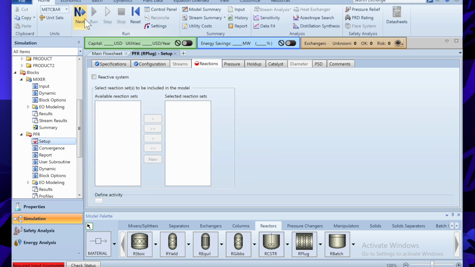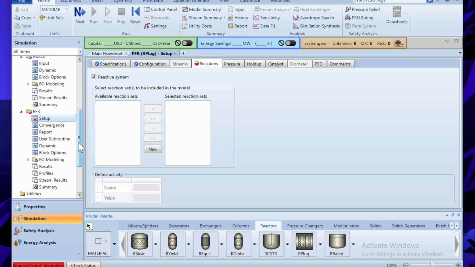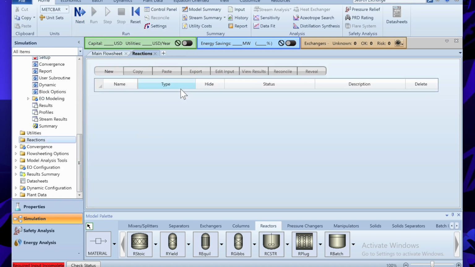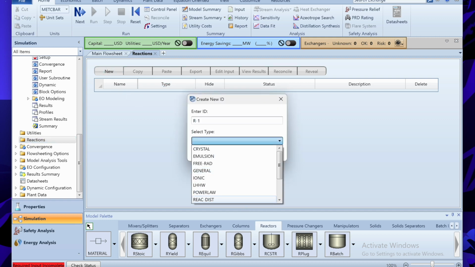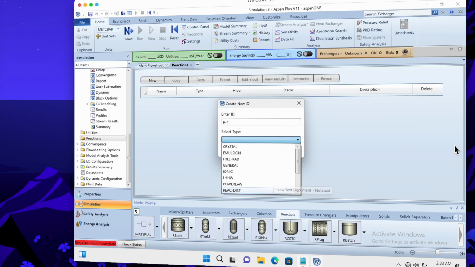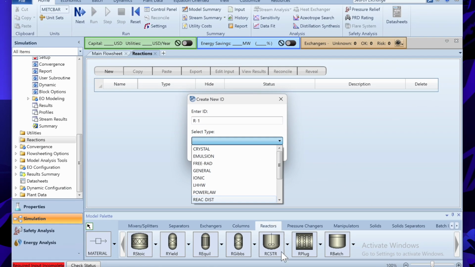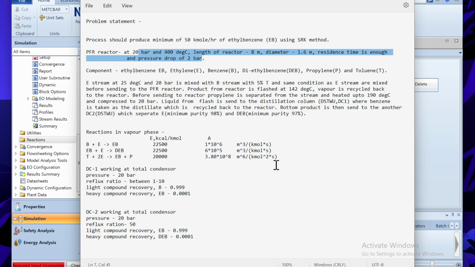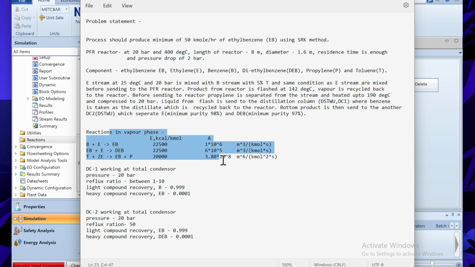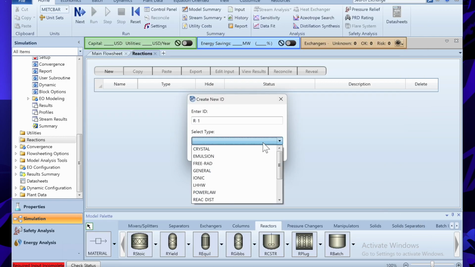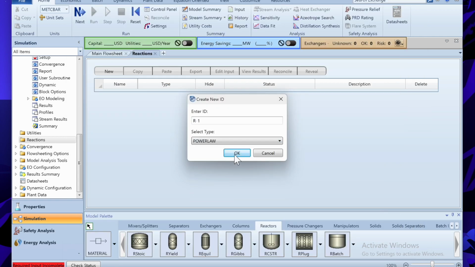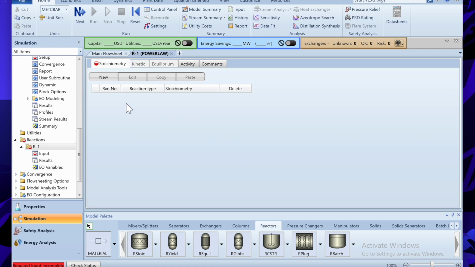So next, there is no reaction, so we have to give a reaction set. The reaction type is not given, so for that we can take the power law model. That is a common type of reaction.